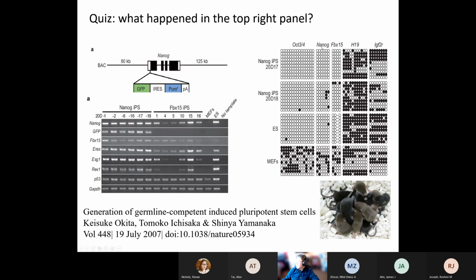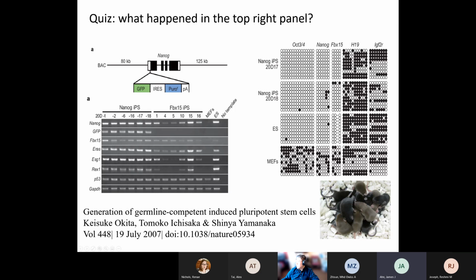Now let's study these genes: OCT4, NANOG, and FBX15. They are pluripotent stem cell genes, so those genes are only expressed in pluripotent stem cells. When you observe their DNA methylation, you can see in MEFs their promoter CpGs are mainly methylated. You see a lot of filled circles.